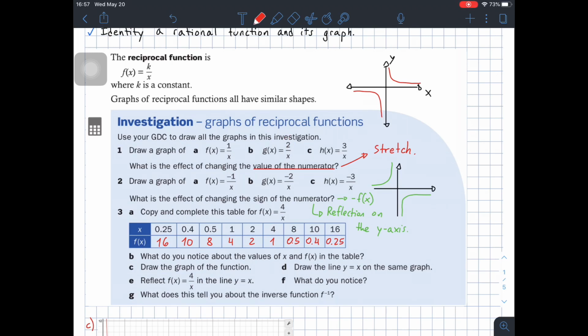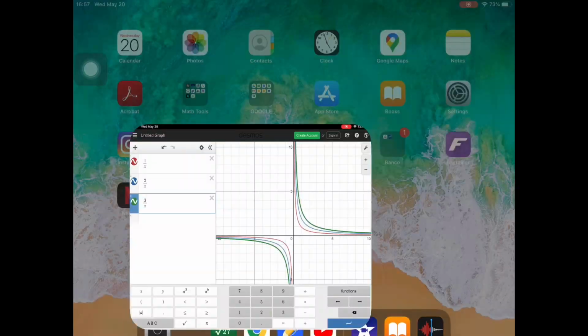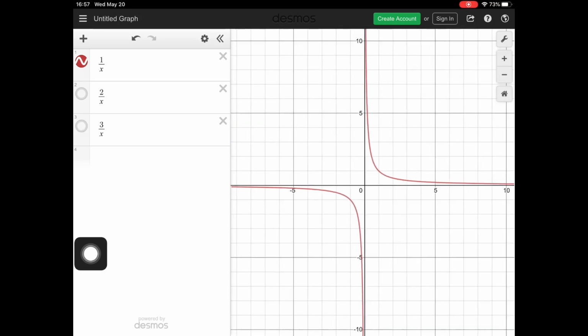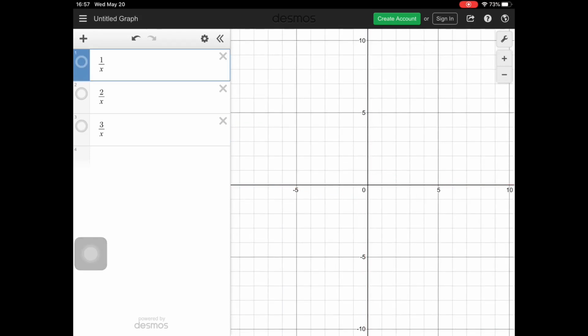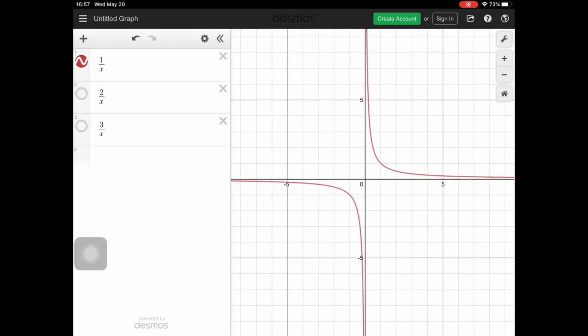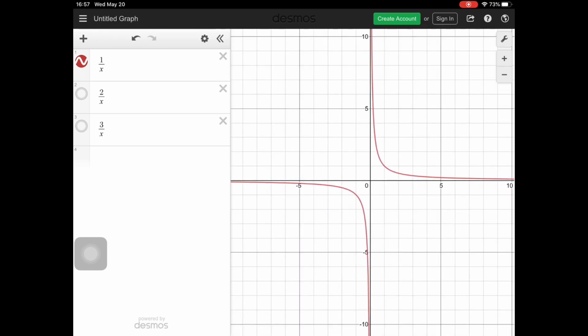Okay, so let me go to Desmos. Here I already made the graph, but I'm going to erase it for just a second. Here you see this is the red function, which is 1 over x. So you see that this is a rational function. We have one hyperbola in the first quadrant and the second hyperbola in the third quadrant.